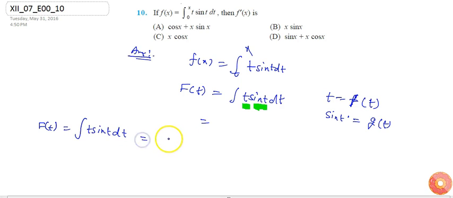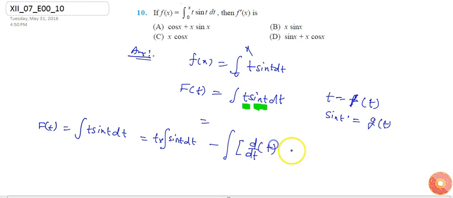So it will be now the first function f(t) multiplied by the integration of the second function sin t dt, minus the integration of the derivative of the first function, which is d by dt of t, multiplied by the integration of the second function, which is sin t dt, dt.